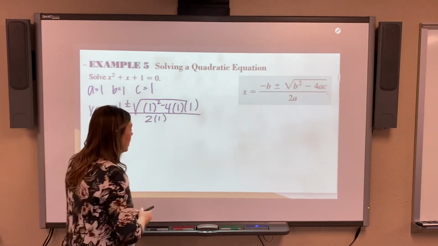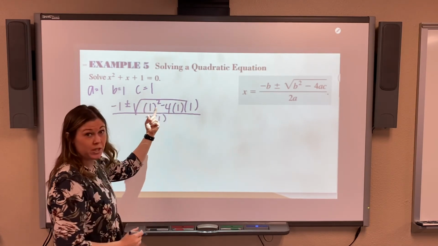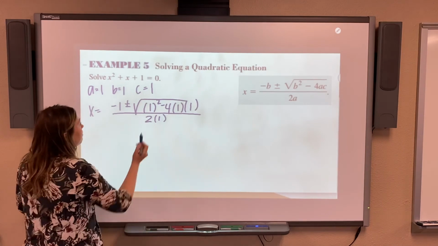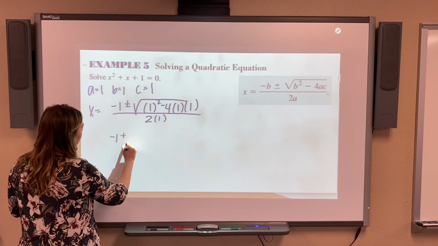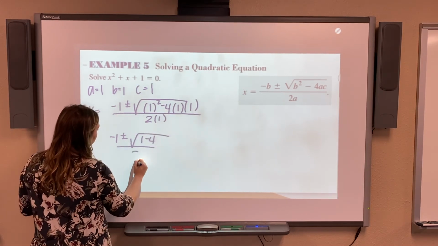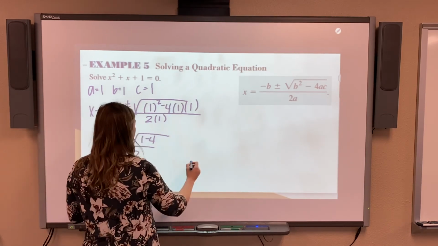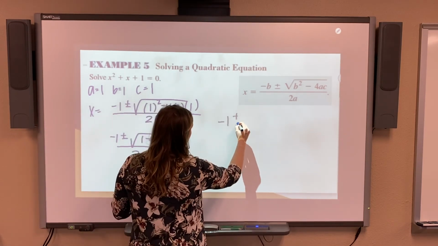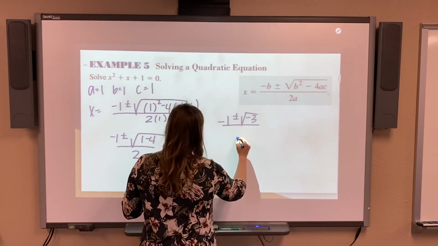So 1 squared is 1, minus 4 times 1 times 1, which is just 4. So we have -1 plus or minus the square root of 1 minus 4, over 2. 1 minus 4 is -3. So we have -1 plus or minus the square root of -3 over 2.